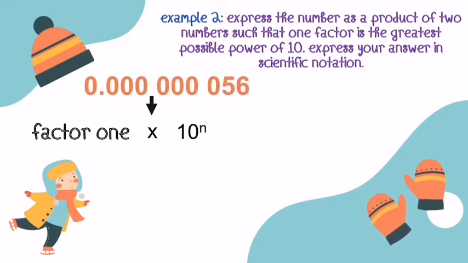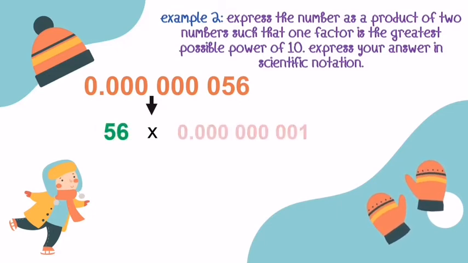Let's say that is 0.000000056. What might be the possible factors of this number? That is, let's say, 56 times 0.000000001. You multiply this and you will get the above number.